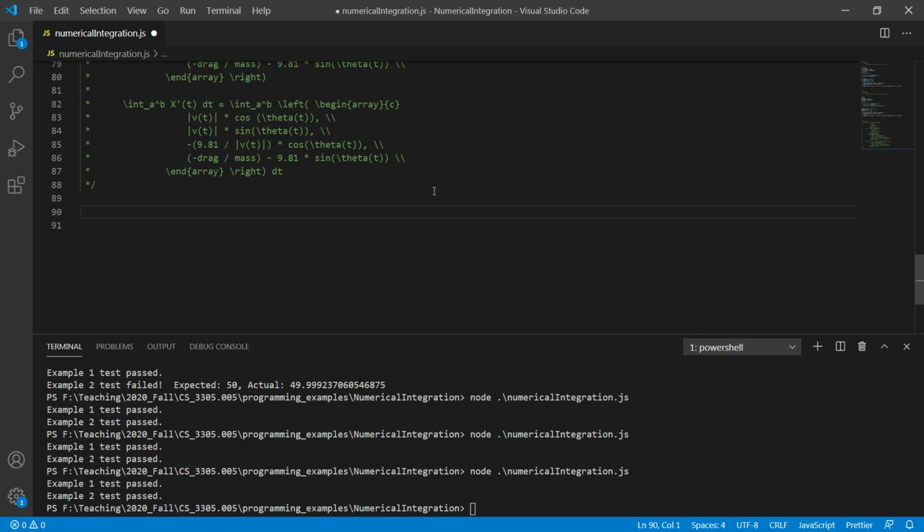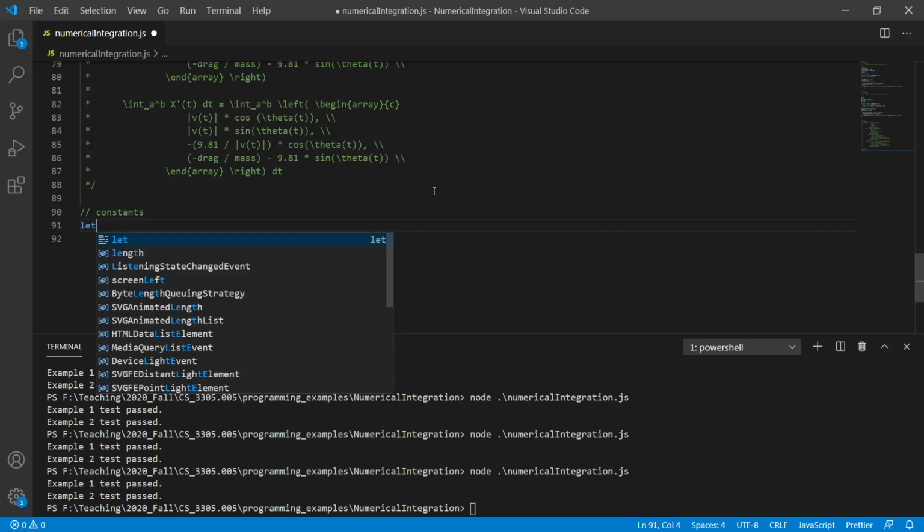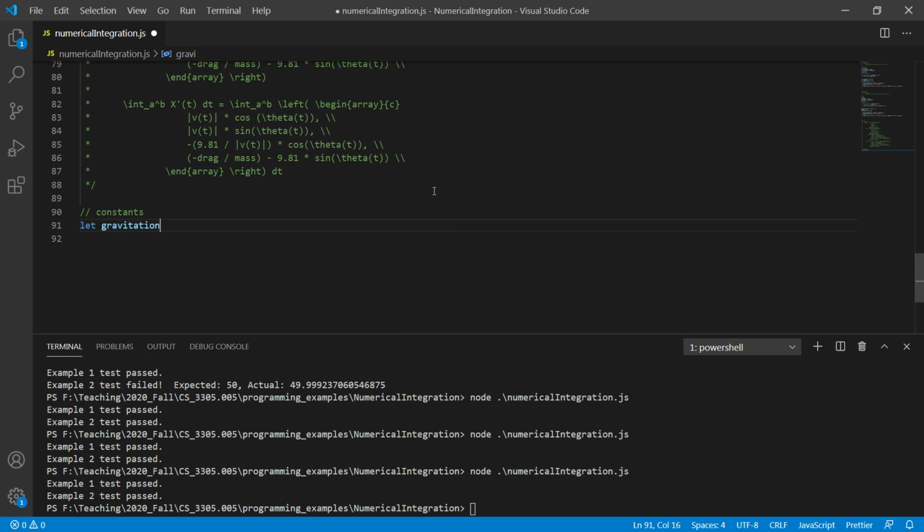So that's where we get those empirical values that we're going to use. Okay, so we're going to use some constants for this. And whenever I do this, I always include the units.